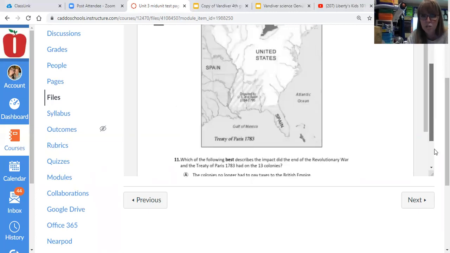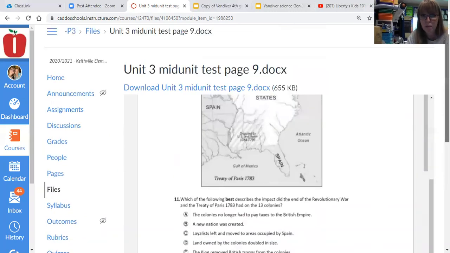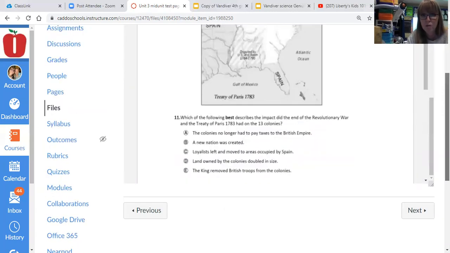What did we discuss yesterday? Look at that map. Remember we talked about Britain giving the land from the Atlantic to east of the Mississippi River. So it wasn't just the 13 colonies. It was all the way over to the Mississippi River.